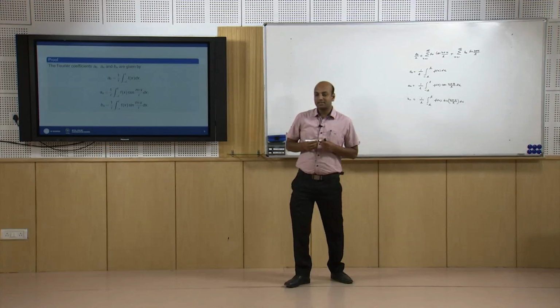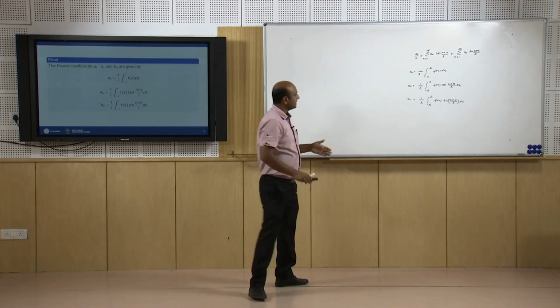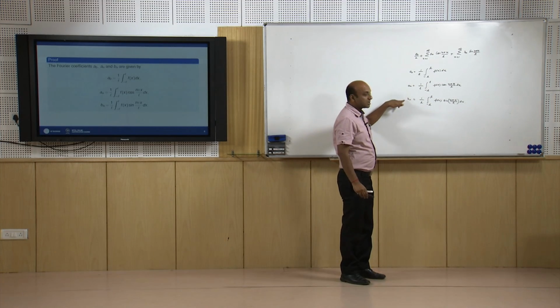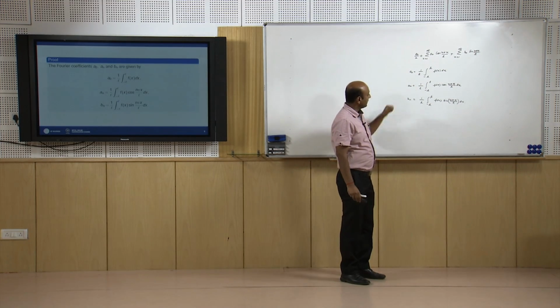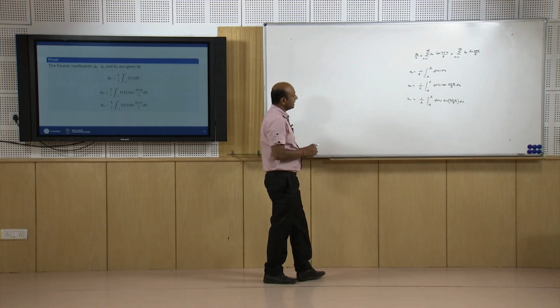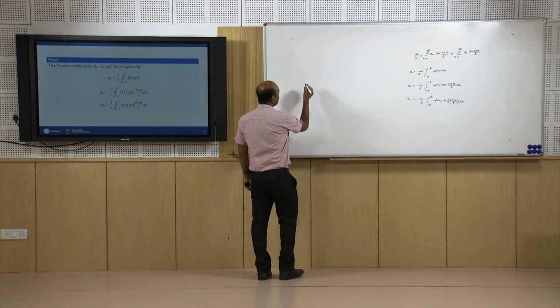This we already studied in the last lecture, given by Euler's formula for a0, a n and b n.